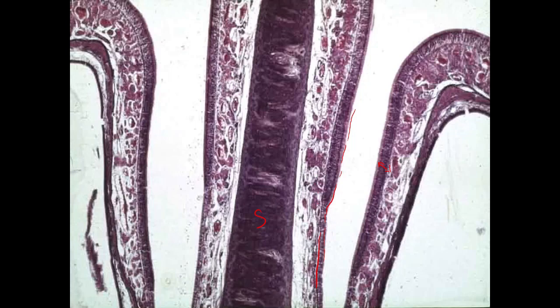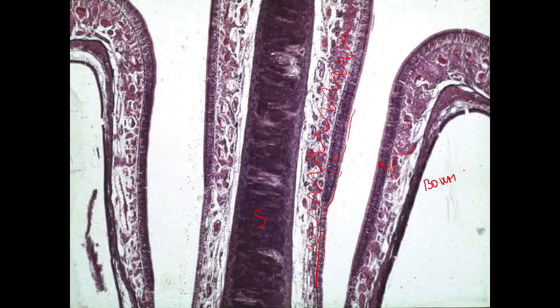And also, what are the other differences? So we can see the epithelium, yes, but also there is a lamina propria in this place under epithelium, and under olfactory epithelium, the lamina propria contains special glands that are called Bowman's glands. Bowman's glands.